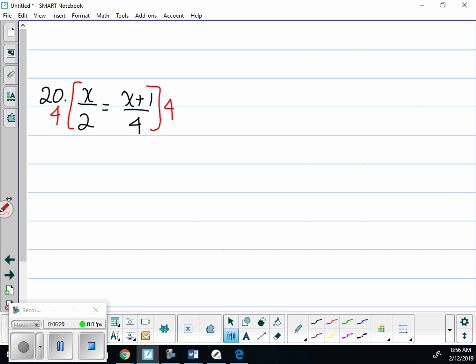Both sides get multiplied by 4. So 4 and 2 can cross reduce, so I'm left with 2x. These 4's will cancel, leaving me with x plus 1.